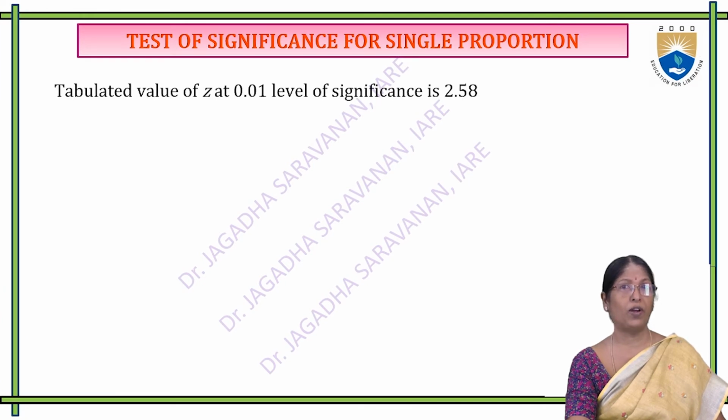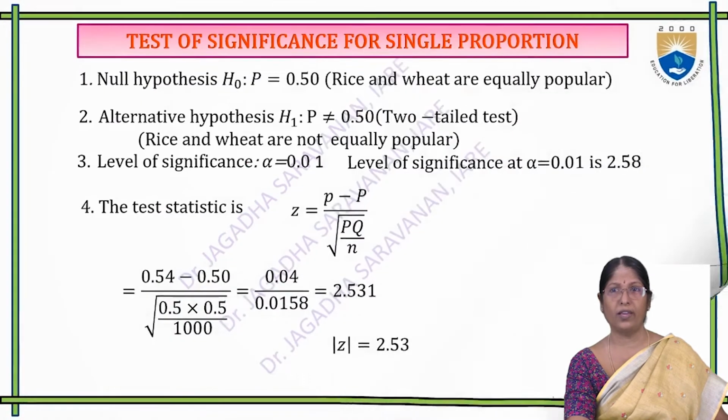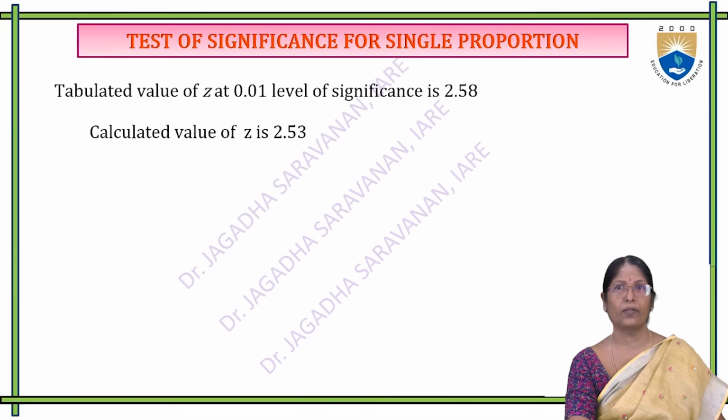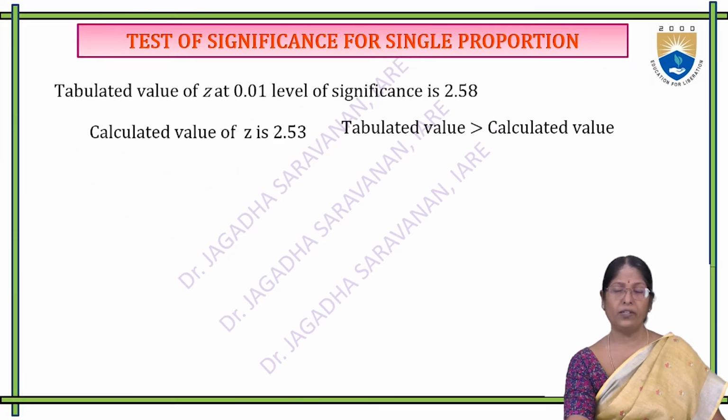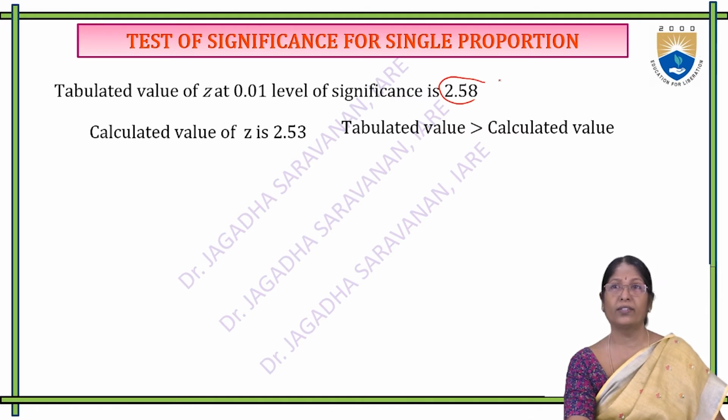So the tabulated value of Z at the 0.01 level of significance is 2.58. The calculated value that we obtained is 2.53. Here we can see very clearly that the tabulated value is greater than the calculated value.